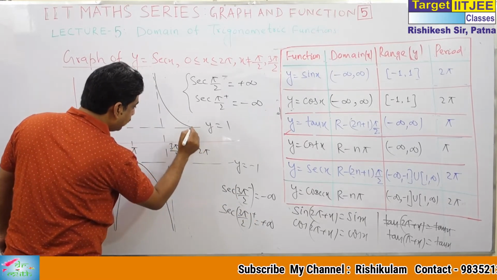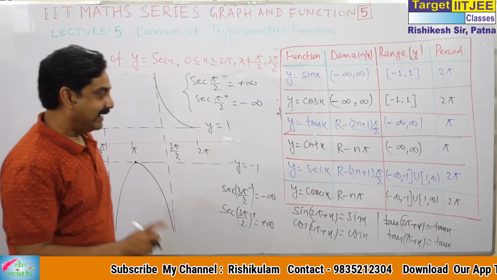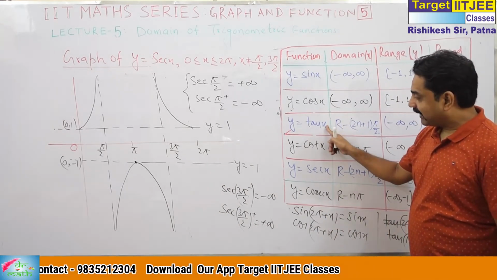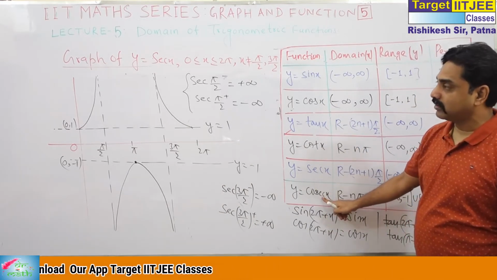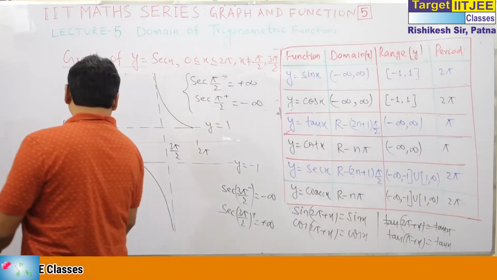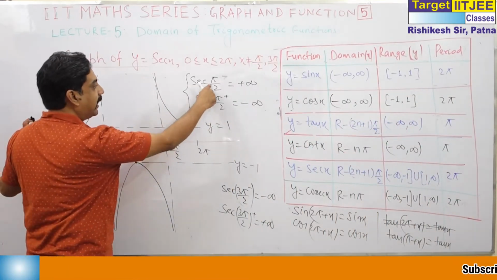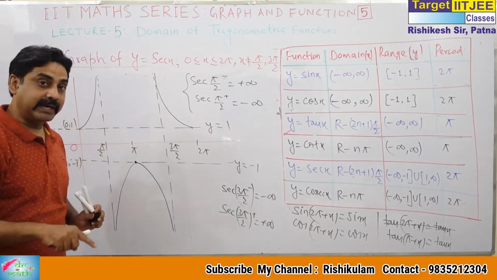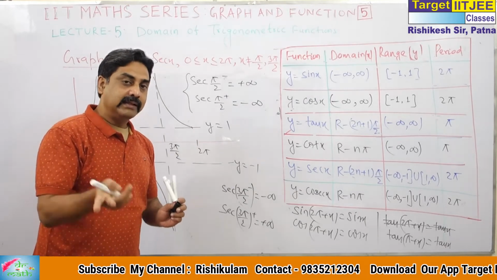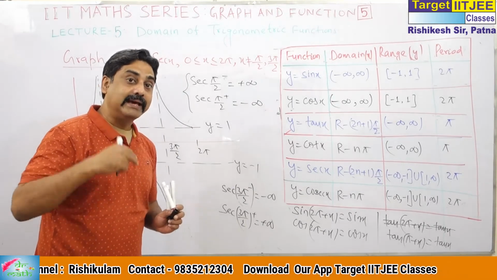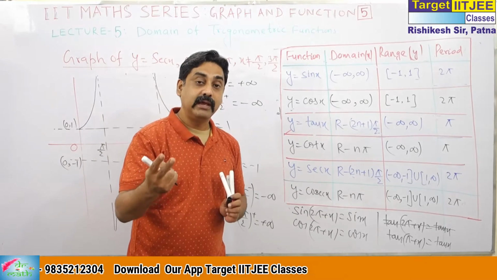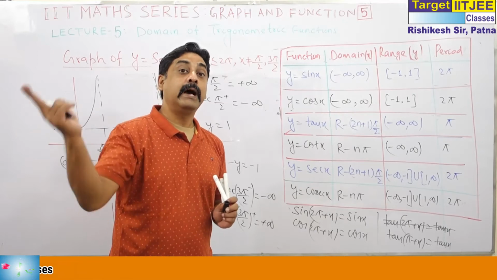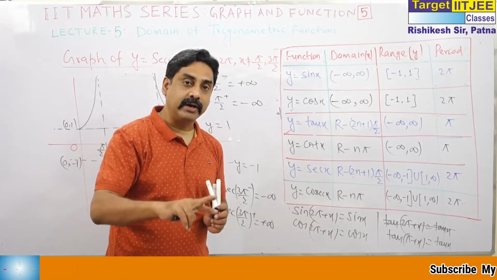You will see that at the points where tan x, cot x, secant and cosec x are not defined, in the neighborhood of these points, I can say pi by 2 minus and pi by 2 plus as the neighborhood of pi by 2, the value either approaches plus infinity or minus infinity, depending upon the quadrant rule.